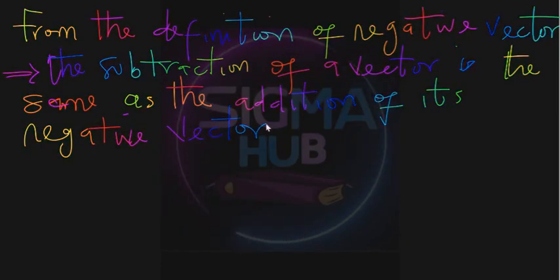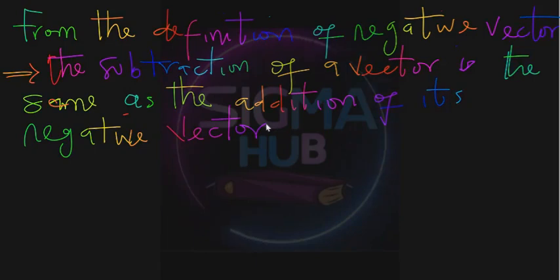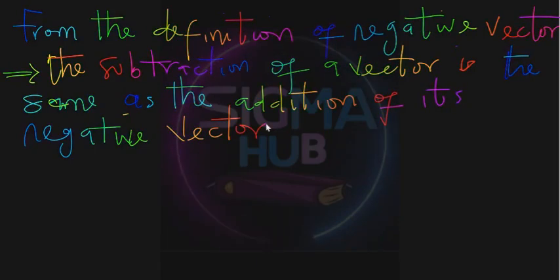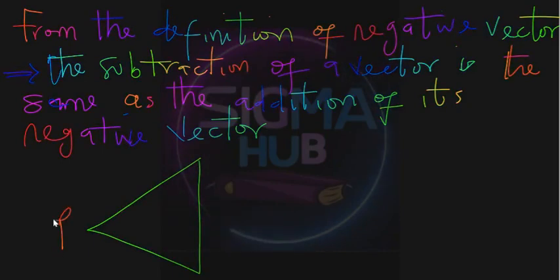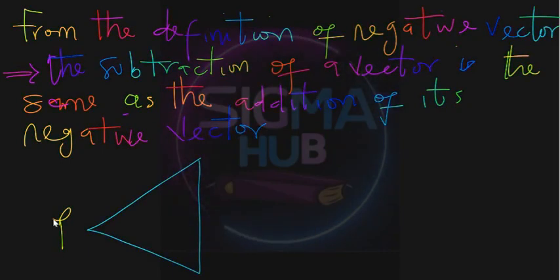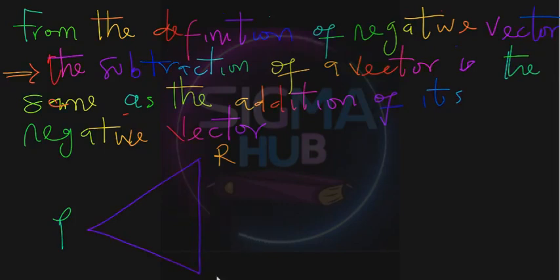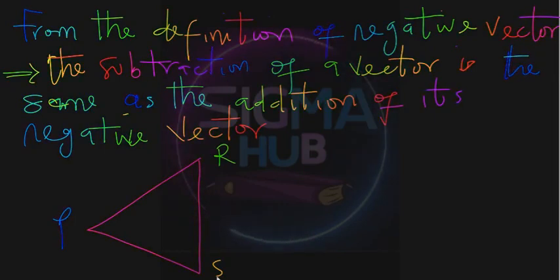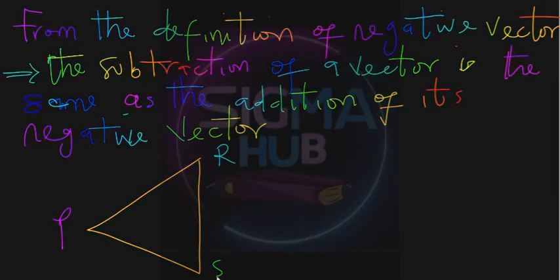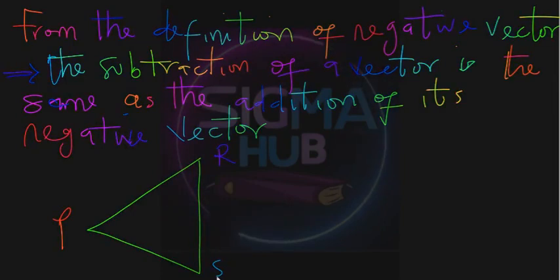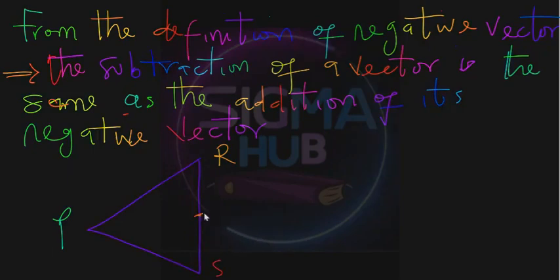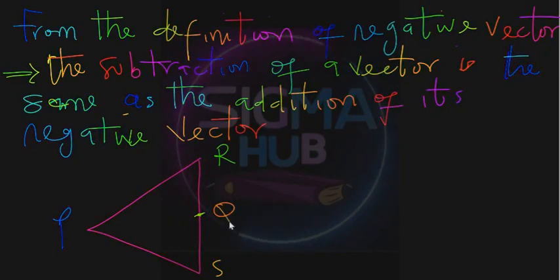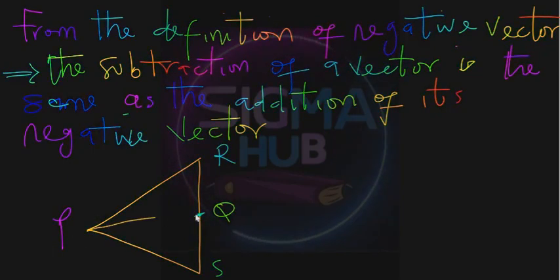Now take for instance, we have a diagram, a triangle PRS. There is a triangle PRS. Then we have the midpoint of RS to be Q. So Q here is the midpoint of RS.